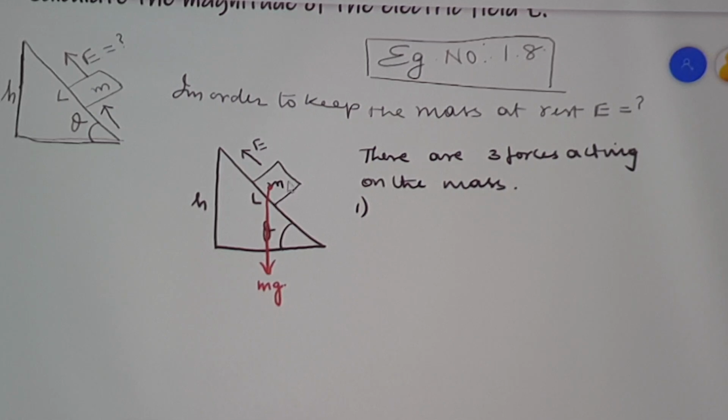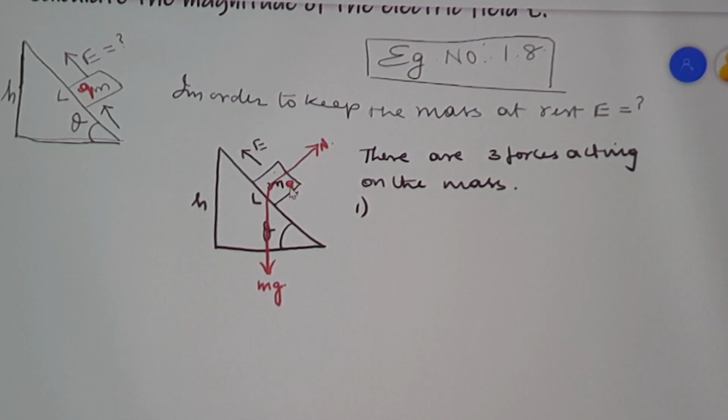What is the second force? Normal to this inclined plane, you can consider the second force, what we are calling out as the normal force N. It was given that this body of mass m is having a charge q. Now, if this body of mass is having a charge q, then this mass is placed inside an electrical field which is acting parallel to that of this inclined plane.